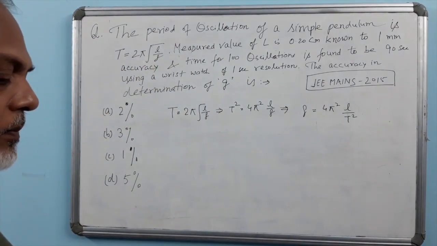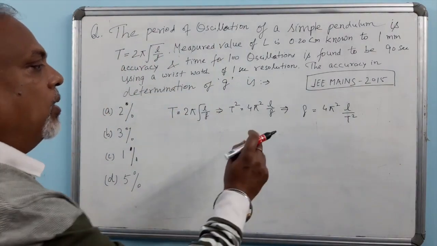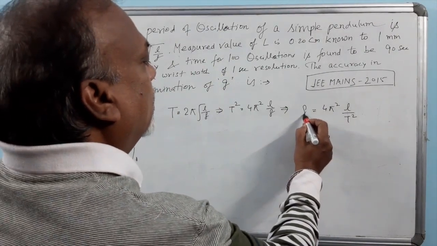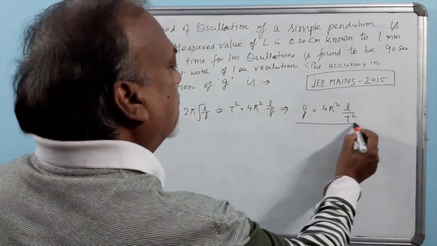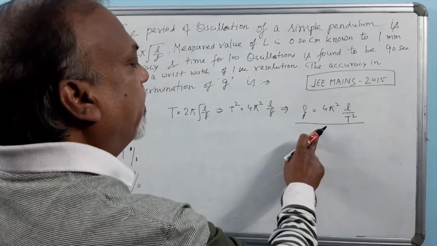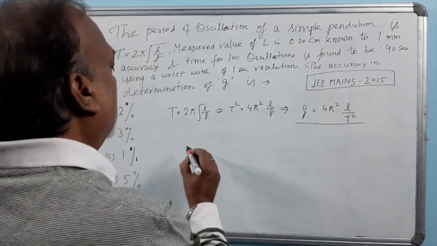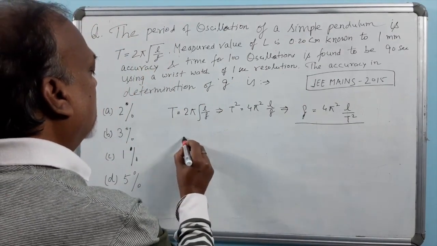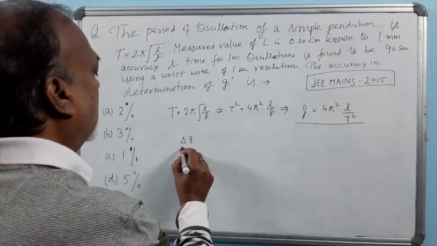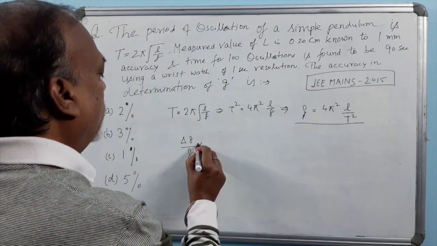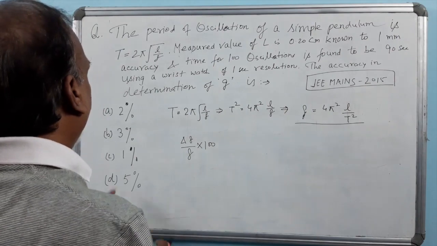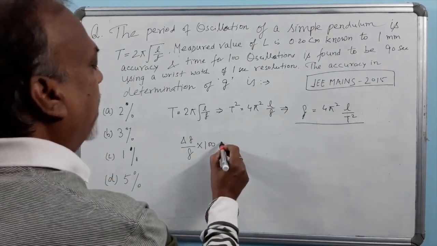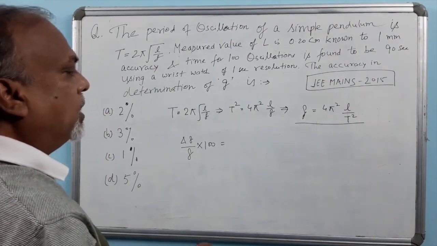Got it? Now this in terms of percentage accuracy, we can write it as Δg/g × 100, because the answer we have been asked is in percentage.